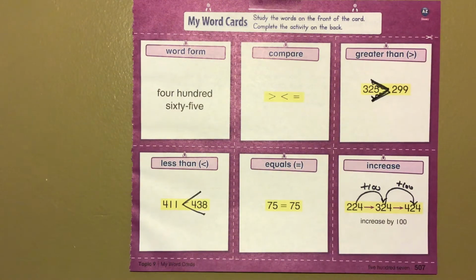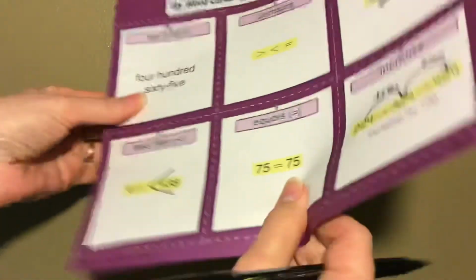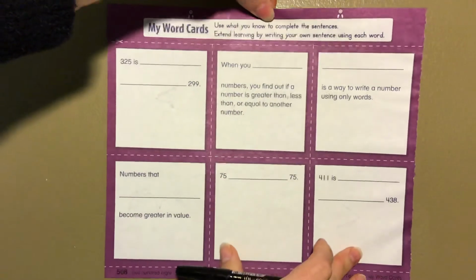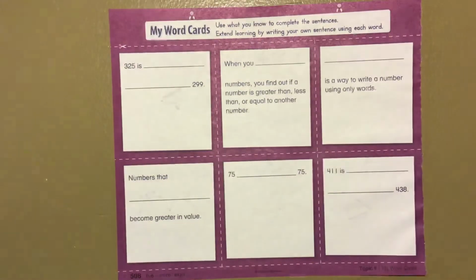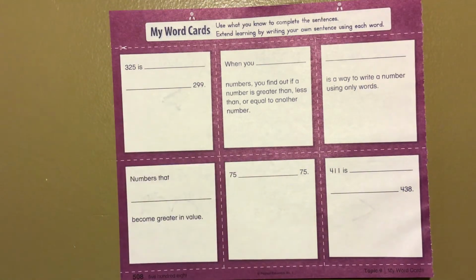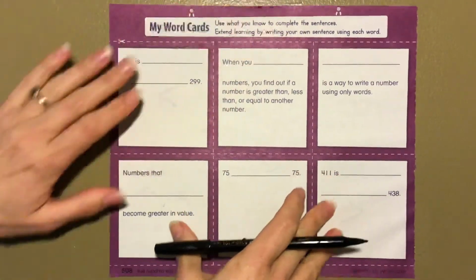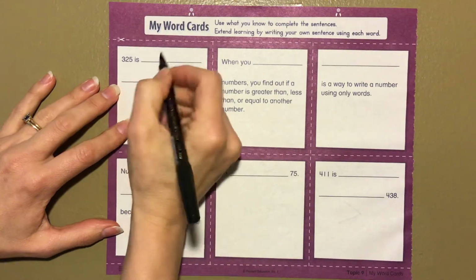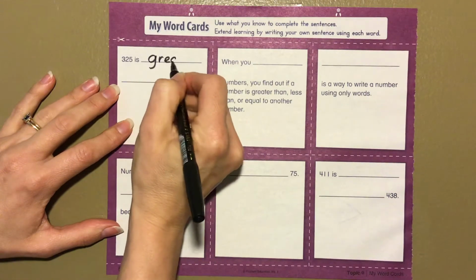All right, let's go ahead and take a look at the back side of this card here and put these together. 325, oh, this is totally crooked. 325 is blank than 299. 325 is greater than.